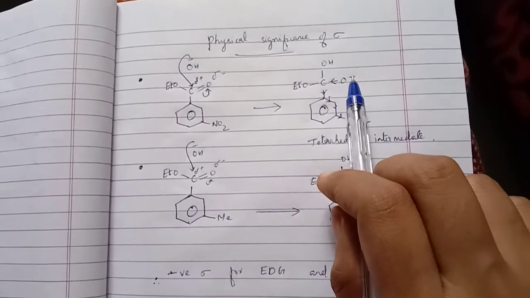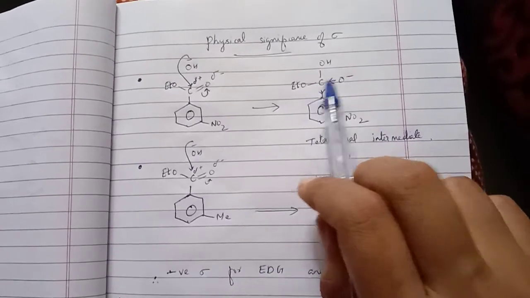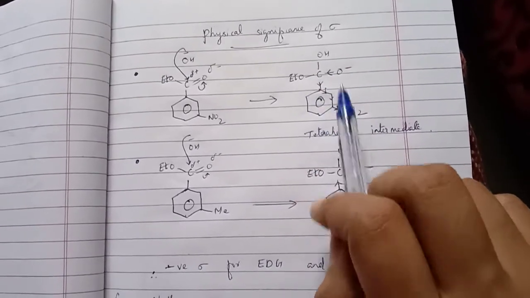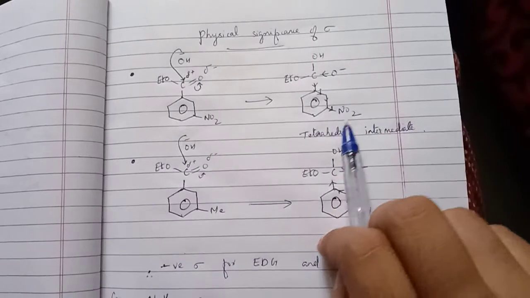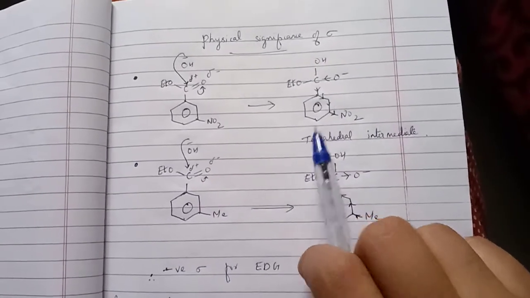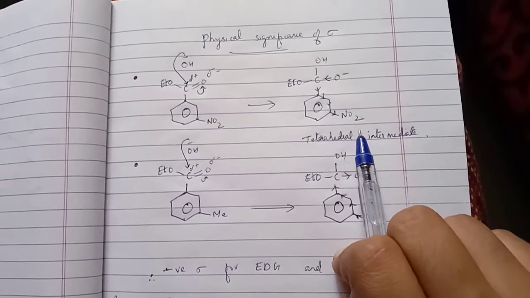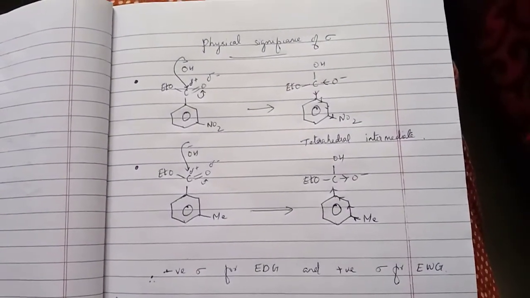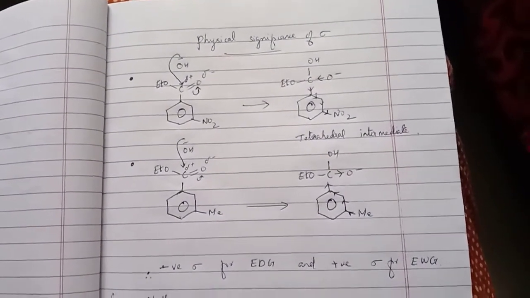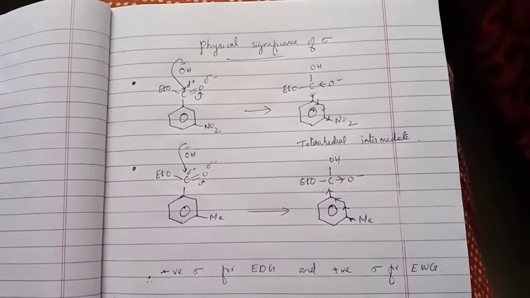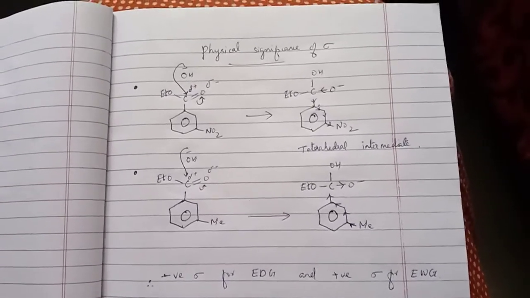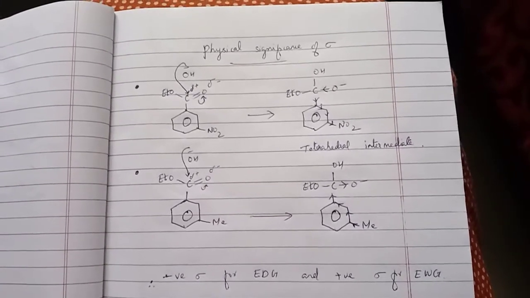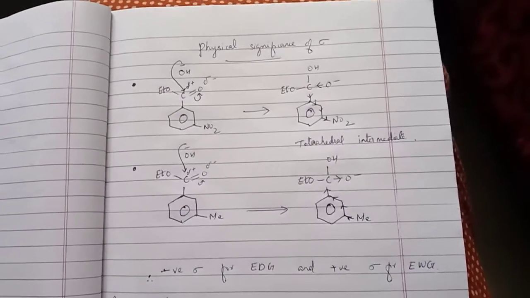The negative charge will be pulled through like this, so the tetrahedral intermediate will be stabilized. Therefore electron withdrawing groups have a positive sigma value. The presence of an electron withdrawing group stabilizes the tetrahedral intermediate. That is why electron withdrawing groups have positive sigma.